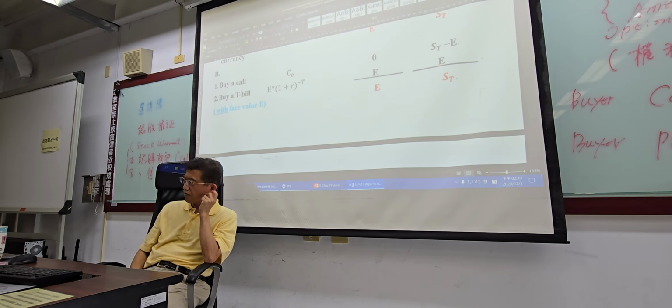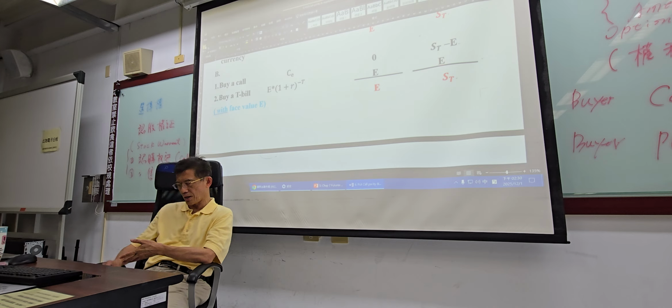In the United States, the face value of the treasury bill is always $1,000, right? Okay, $1,000, so it's pretty difficult for you. Actually, you can buy a treasury bill with the face value capital E, the exercise price.